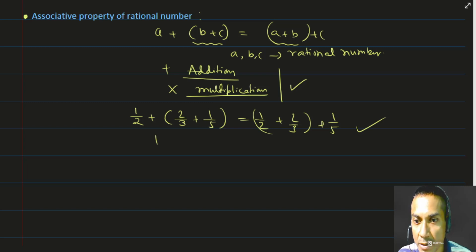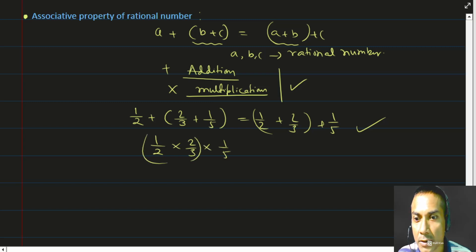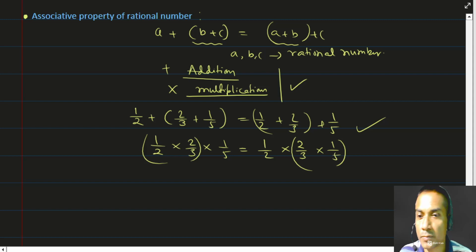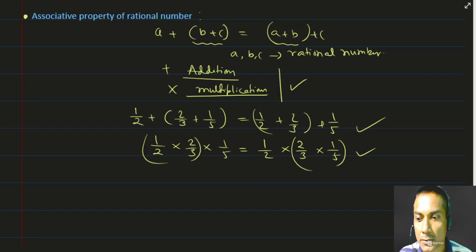For the multiplication also, if we multiply 1 by 5 with the first group, considering the two rational numbers, and on the right side consider 1 by 2, and 2 by 3 with 1 by 5 in this group, we get the same result. Clear? Hope it is clear to everyone.